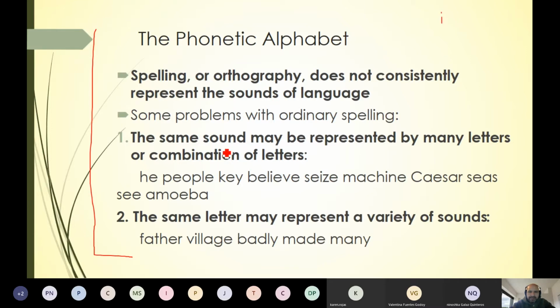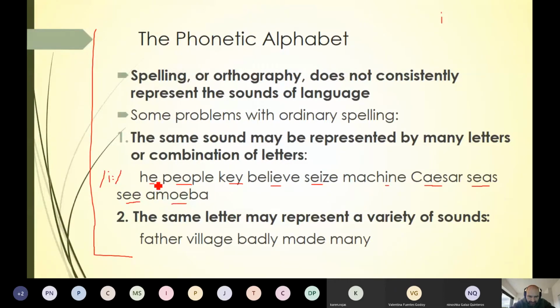For example, the same sound may be represented by many letters. So for example, the sound E can be represented by this grapheme, and here a combination of two letters: believe, sees, machine, Caesar, sees, see, and amoeba.